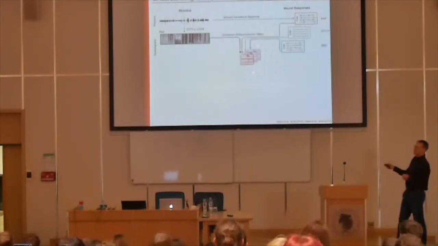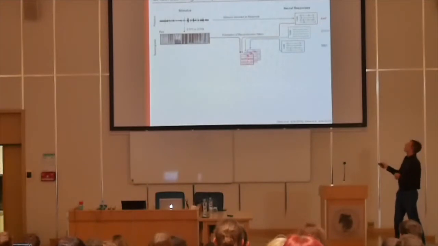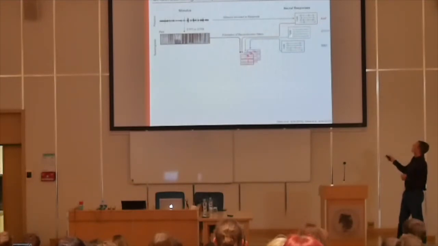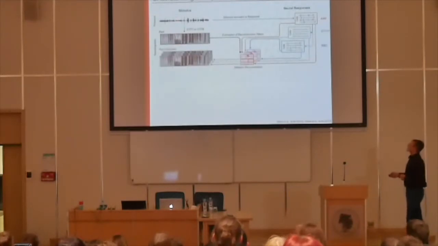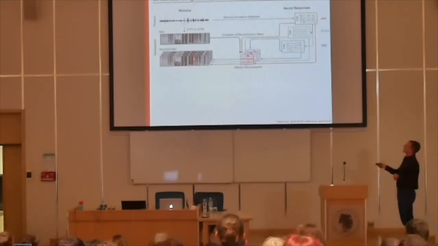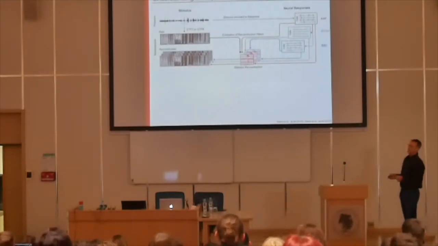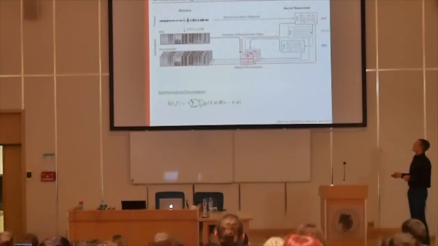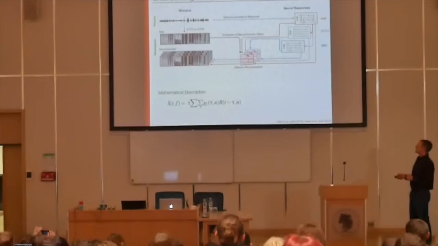So what we do is we estimate these reconstruction filters here that allow us to use the activity and predict what was the stimulus that this set of neurons was listening to. So if we do this, then we have here some reconstructions, and we can now compare the real to the reconstructed stimuli. The mathematics is pretty similar to what they have, although we didn't use the sparsity as a criterion here for estimating the filters.